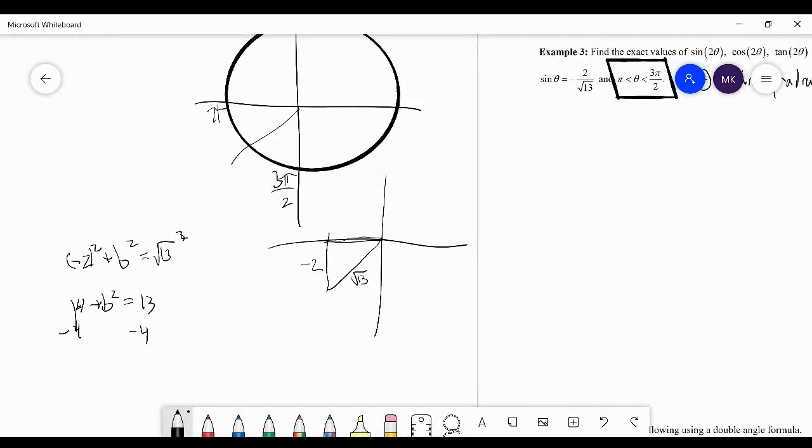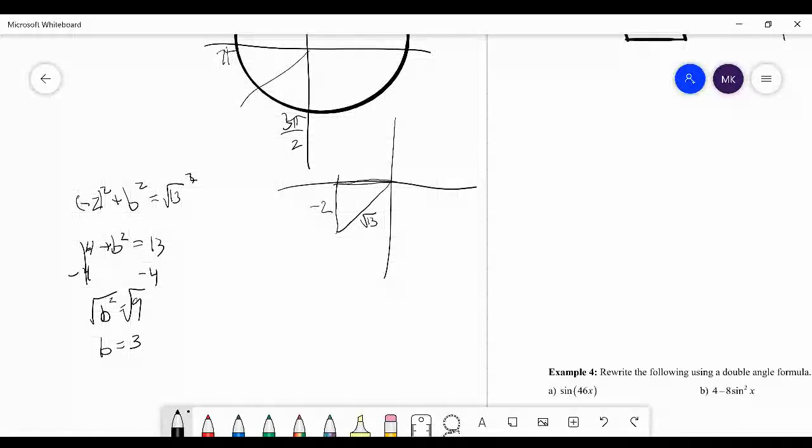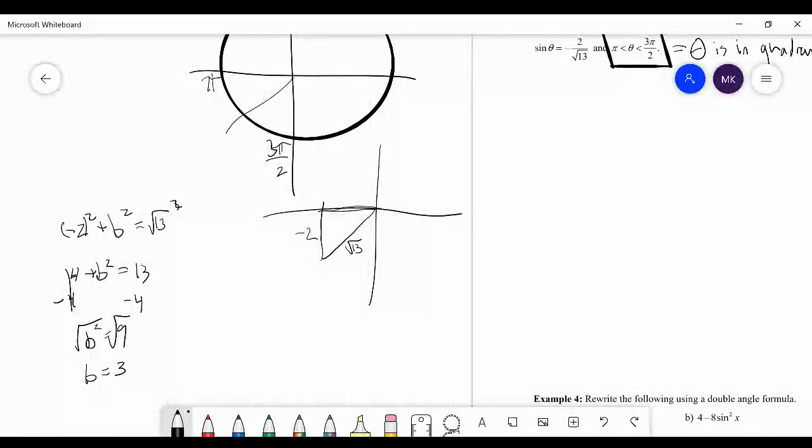Subtract 4 from both sides. B squared equals 9. B equals 3, right? Square root both sides. And since b is a distance, not just a number, we're using +3. But then because we're in the third quadrant, that's actually going to be -3.